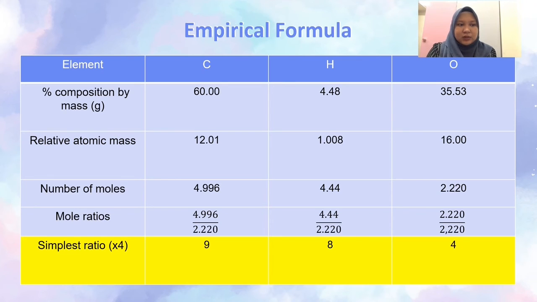Simplest ratio, multiply by 4: carbon 9, hydrogen 8 and oxygen 4.